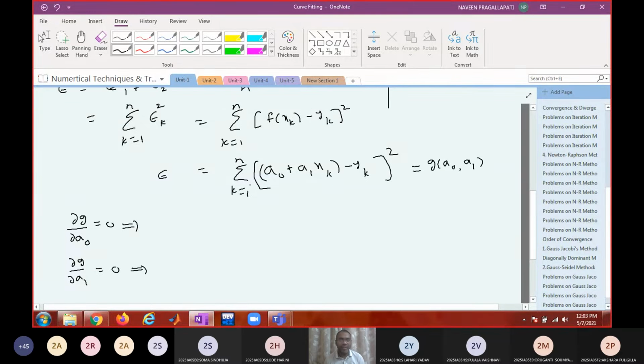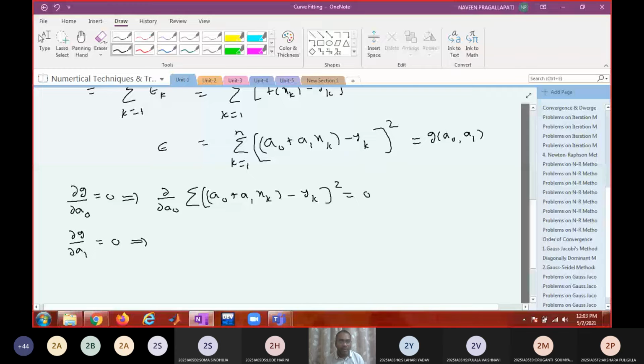When you are trying to find dou g by dou a naught, what is this? Can you tell me? That means dou g by dou a naught of the summation of a naught plus a1 xk minus yk, whole square, equal to 0.